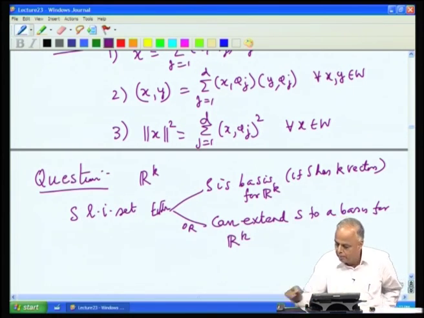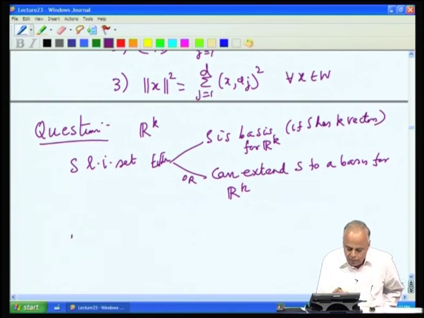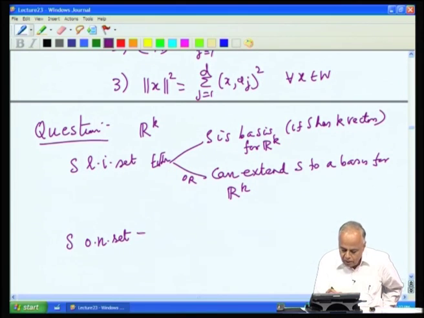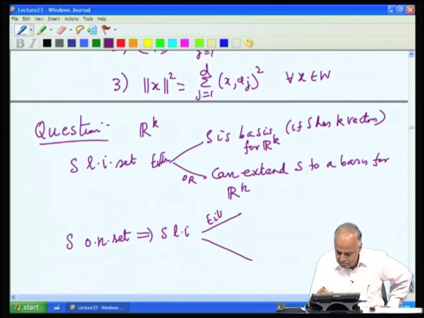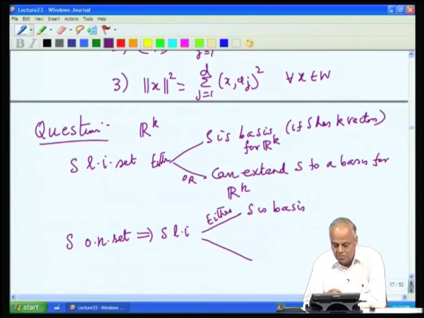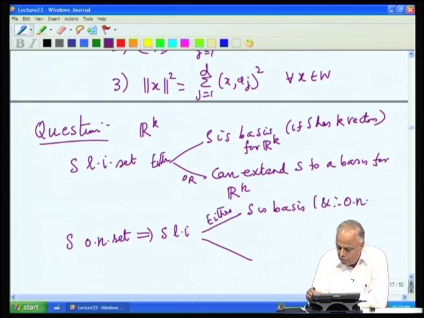Now, if we start with S an orthonormal set, we have seen that S is linearly independent and therefore, any linearly independent set is either a basis, and this will happen if S has k vectors as observed. Now, if it is a basis, it is already orthonormal and therefore, an orthonormal basis.